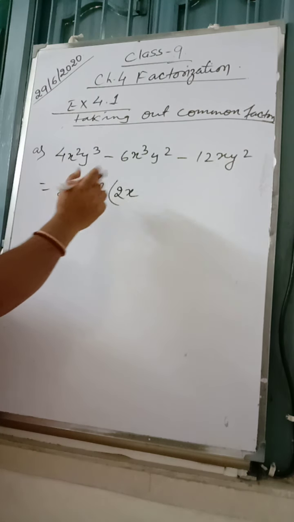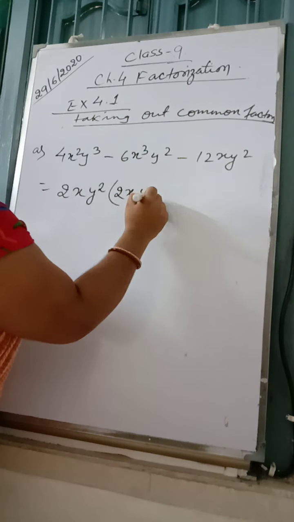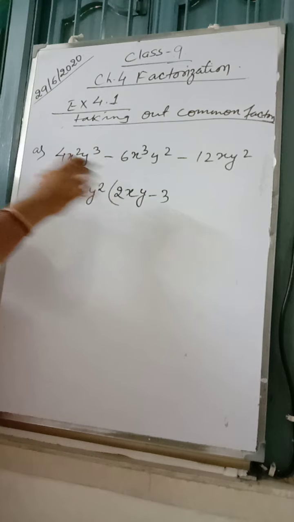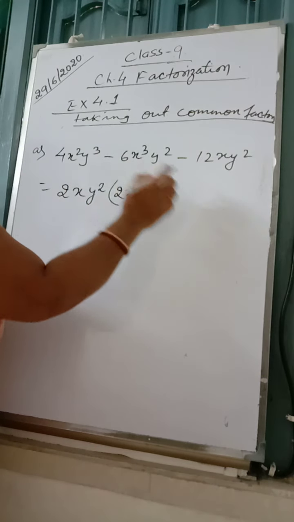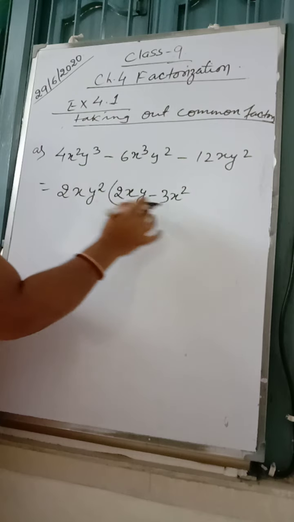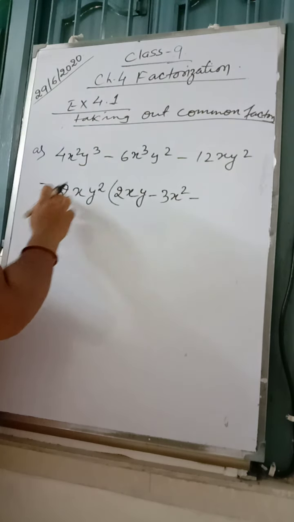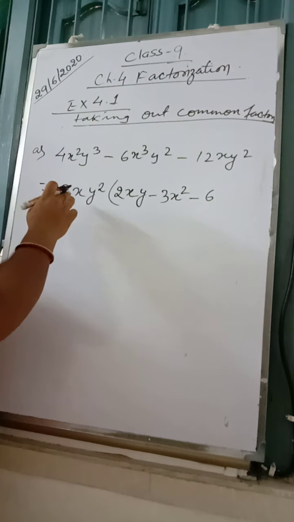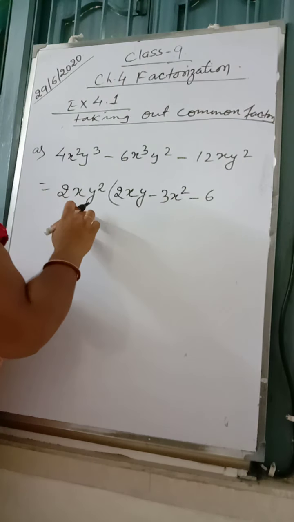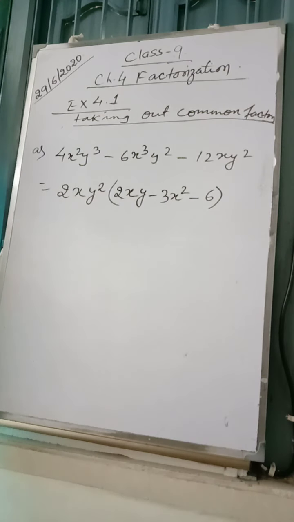Y cube, I have taken y square, so I am left with 1y. Come to the next, minus 3, 2 3s are 6. X I have taken, I had x cube, so I am left with x square. Y square I have taken, so there is no y left here. Now you see 12, 2 6s are 12. X I have taken, y square I have taken. So here I am left with only 6. This is called taking out common factor.